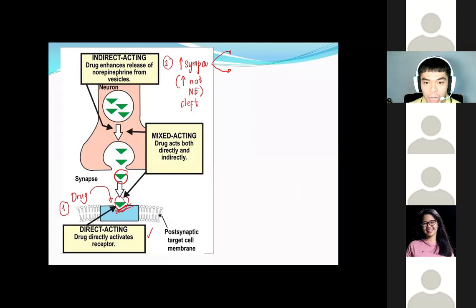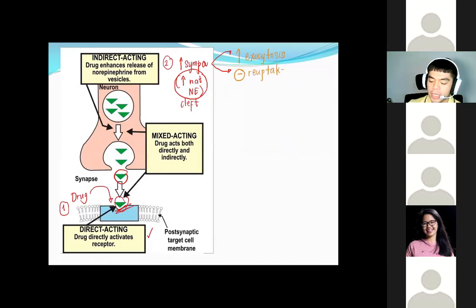Now, paano ma-achieve ang goal na maraming natural norepinephrine? Dalawa ang mechanisms leading to that. Number 1 is by enhancing exocytosis. Okay, again, number 1 is by enhancing exocytosis o kaya by preventing reuptake process.